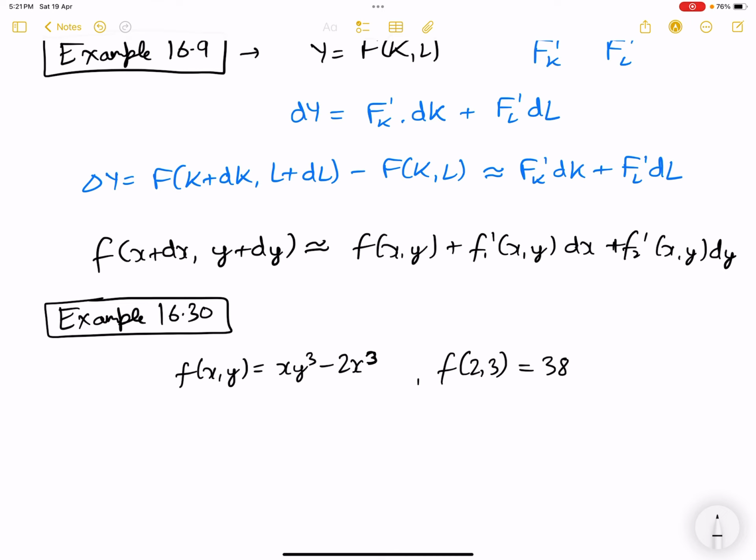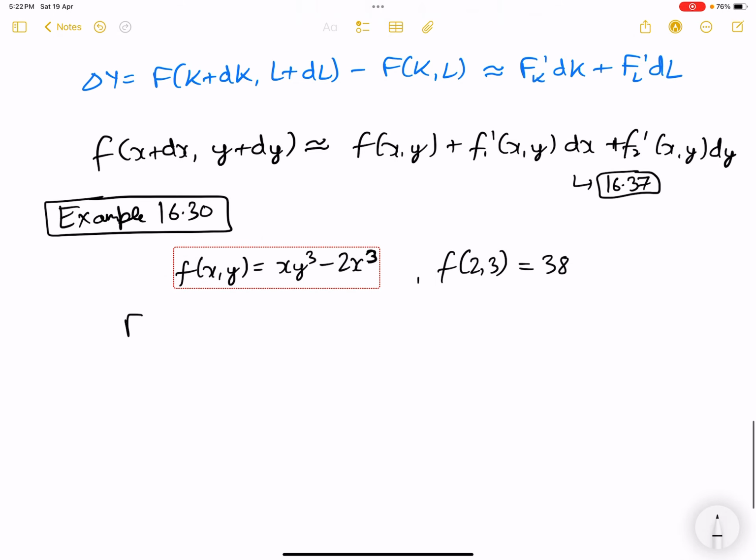You're supposed to use this, this is 16.37, to find the value of f of 2.01 and 2.98. So you need to think what dx would be and what dy would be.